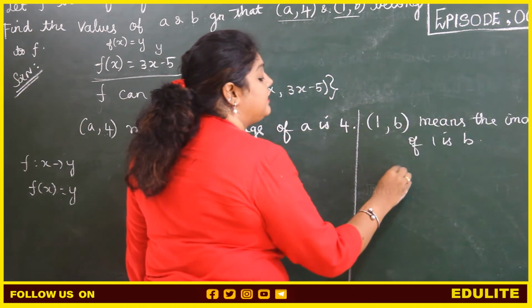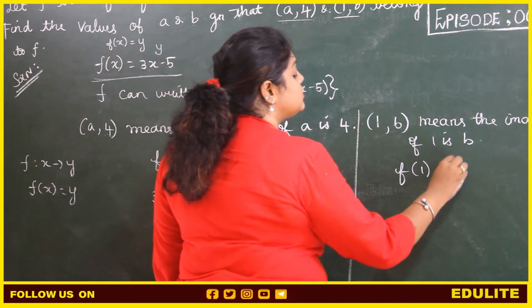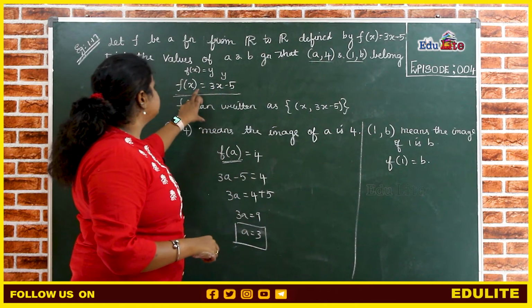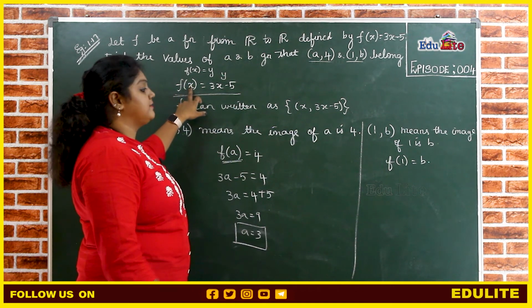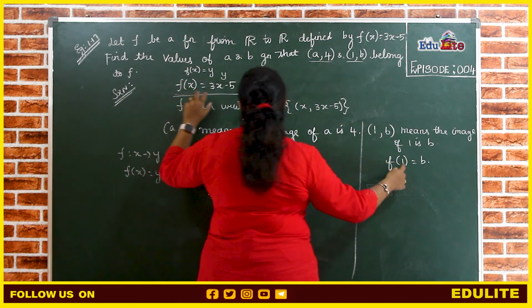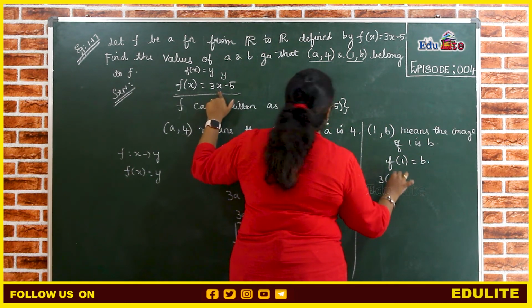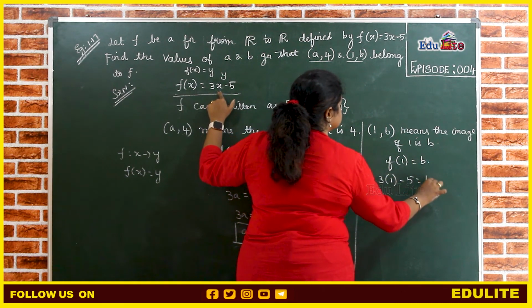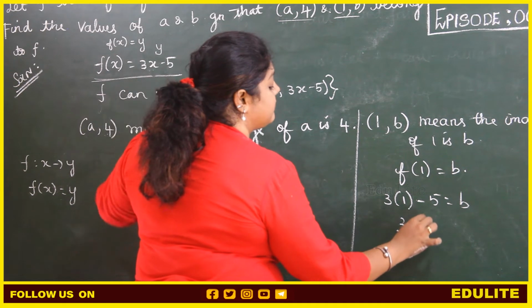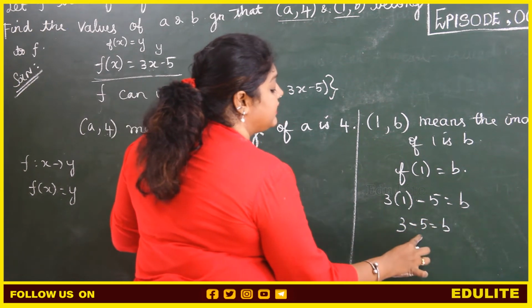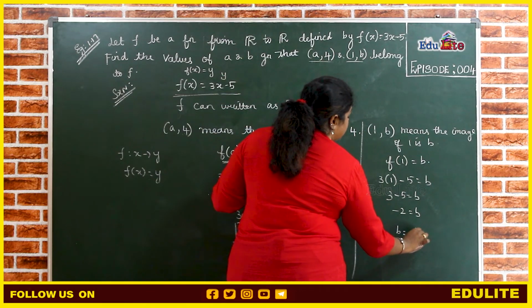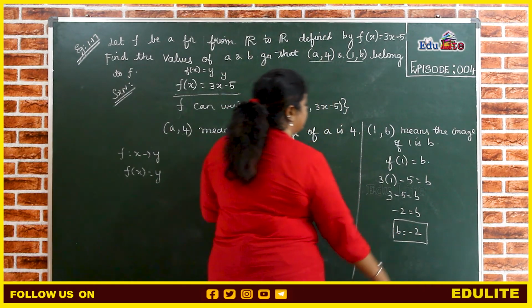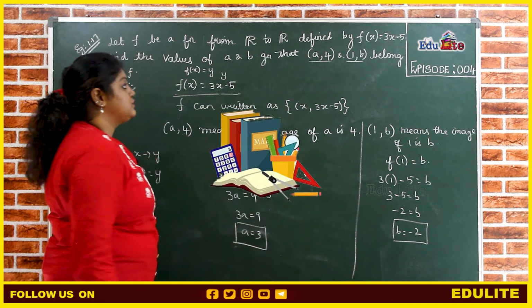How should we write it? f(1) = b, which means in place of x in f(x) we substitute the value 1. So it will become 3 into 1 minus 5, which is equal to b. 3 into 1 is 3, minus 5 equals b. Minus 5 plus 3 gives minus 2. Therefore b = -2. Thus we have found the values of a and b as we were asked.